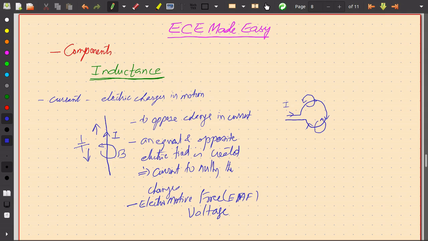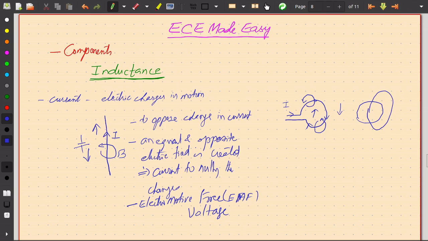So if you look at the section, inside the coil the direction of the field is upwards, and outside it is downwards. So around the whole coil, the magnetic field looks something like this.